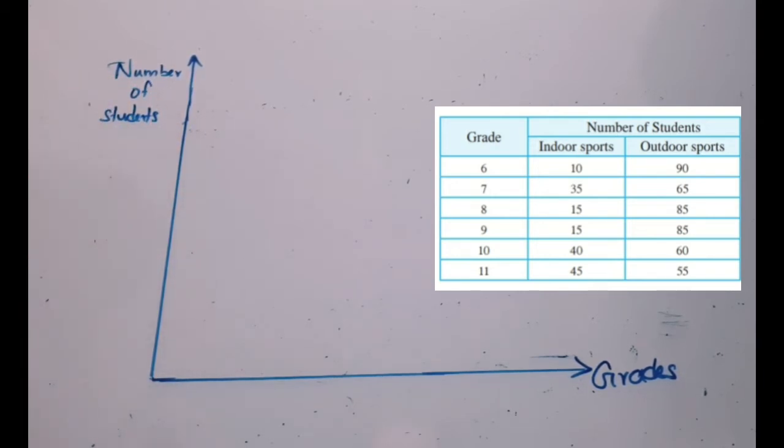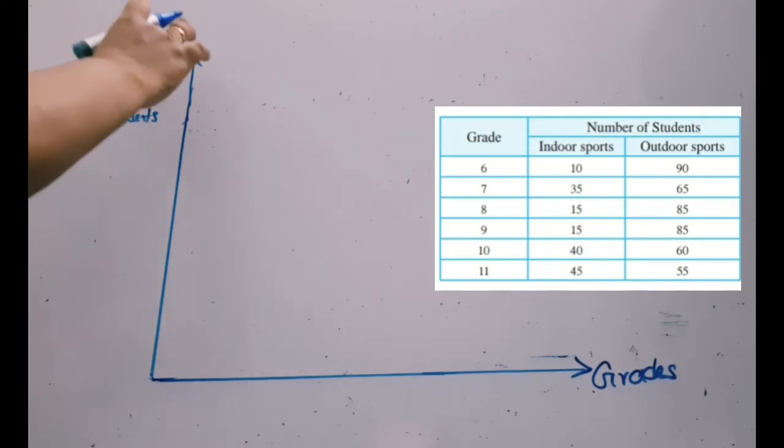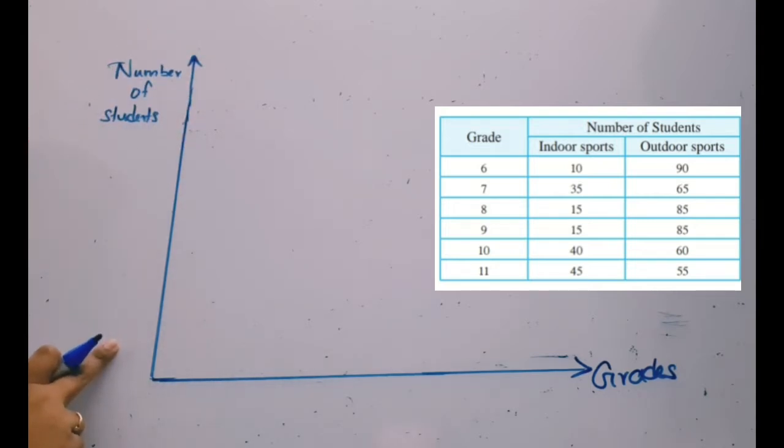The next important thing is choosing a proper scale. Can you see the numbers here? They are multiples of 5 only. With the given amount of space here, I will write the scale with tens values.